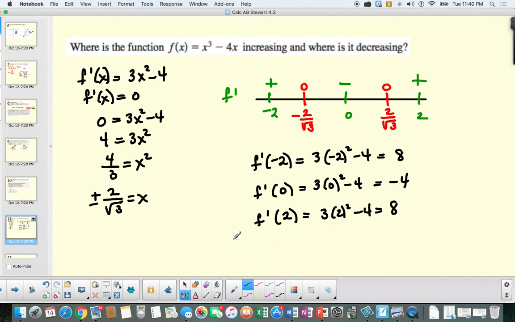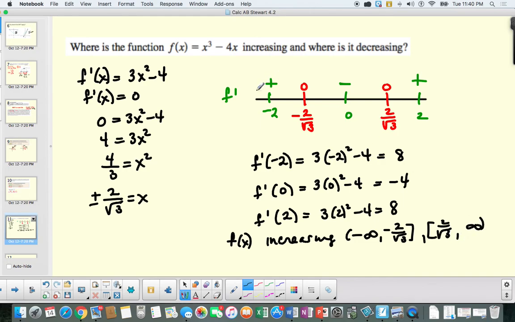So f of x is increasing when the derivative is positive, so it'll be negative infinity to -2 over root 3, and we're going to put a bracket there because we can include that point. The other interval is over here, so we're going to put a bracket 2 over root 3 comma infinity.